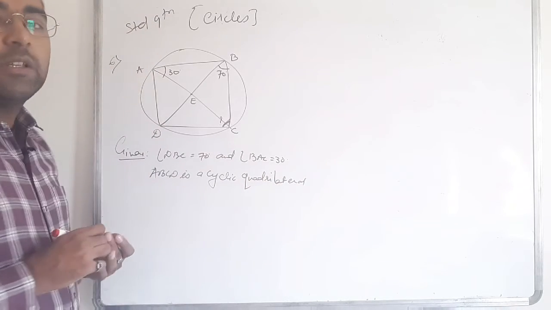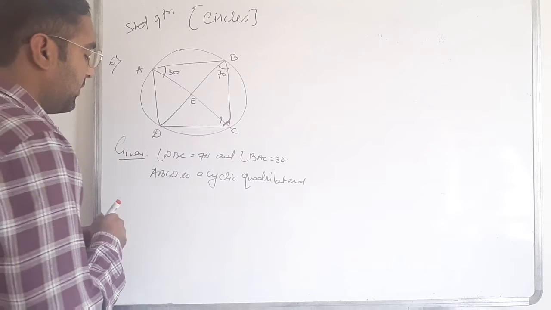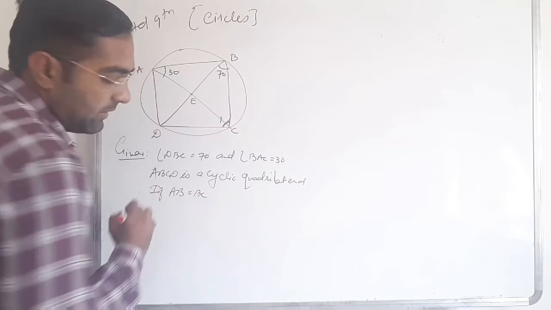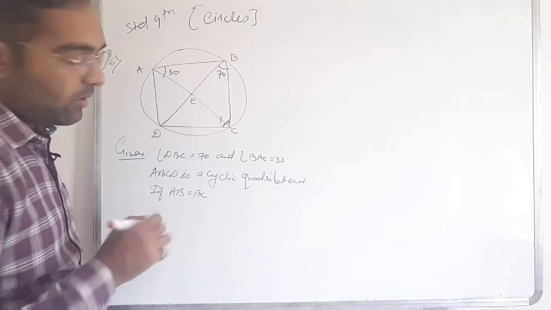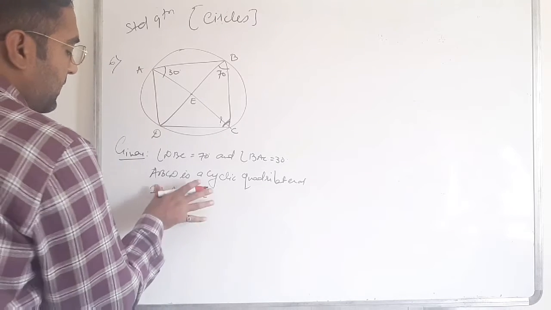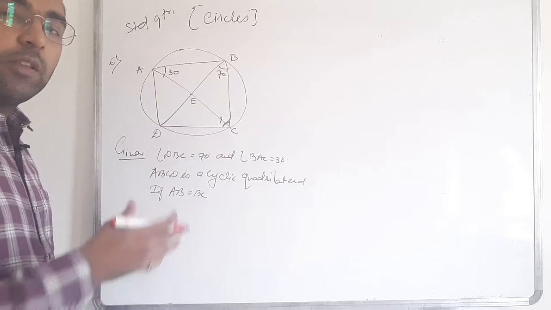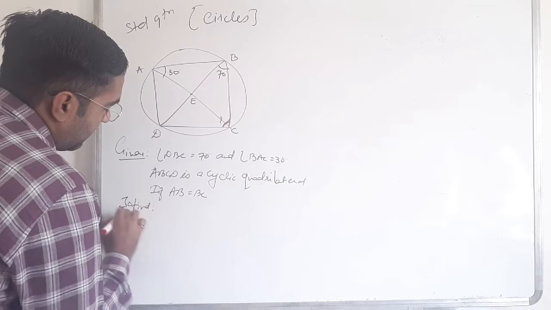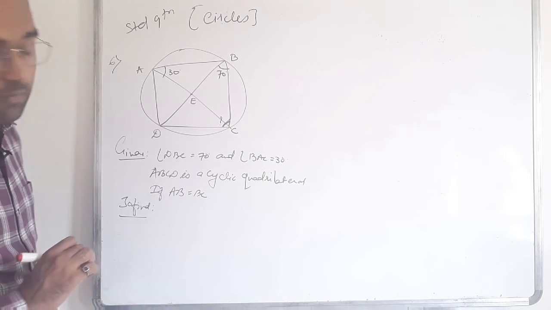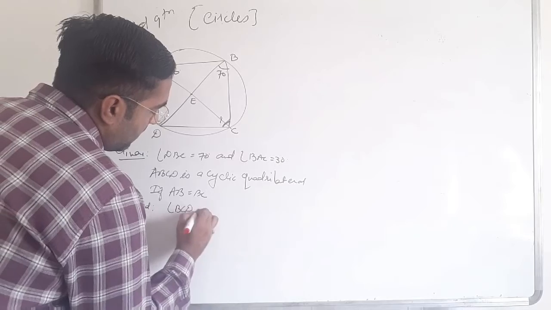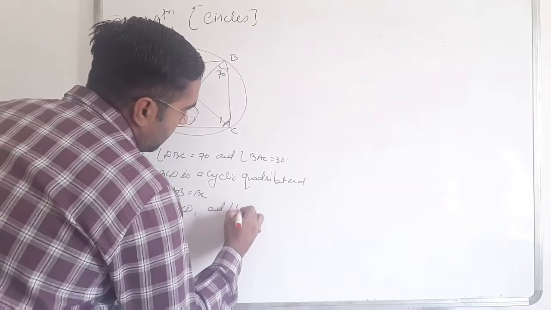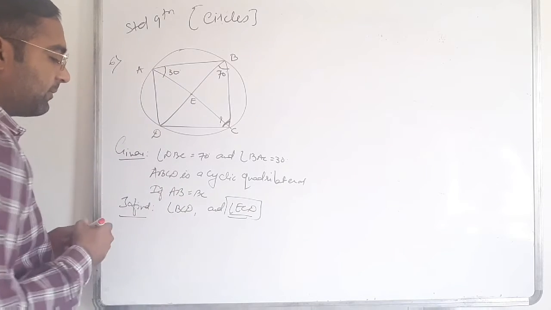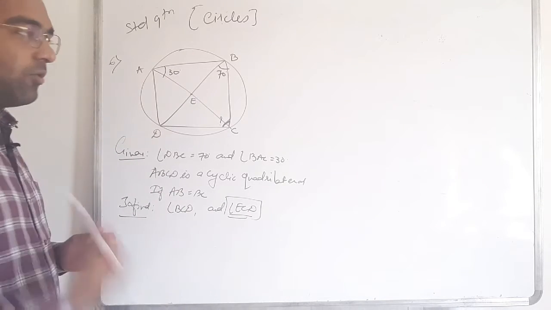Further, it is also given that AB is equal to BC, and we have to solve that further thing after first finding BCD, and then find ECD. So first of all we have to find BCD. Okay, so let's start with the solution.